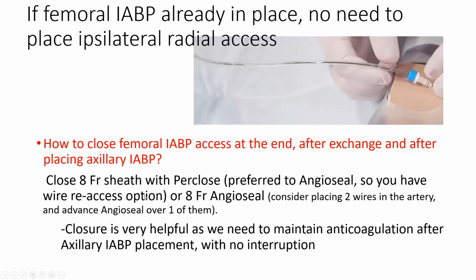And you can close preferably with Perclose because it allows wire reaccess, or with 8 French Angio-Seal. If you do Angio-Seal, especially if there are concerns with oozing around the sheath, if there are concerns the hole is a little bigger than 8 French, place 2 wires in the artery and advance Angio-Seal over one of them so you have the option of bailout if the first one does not succeed.